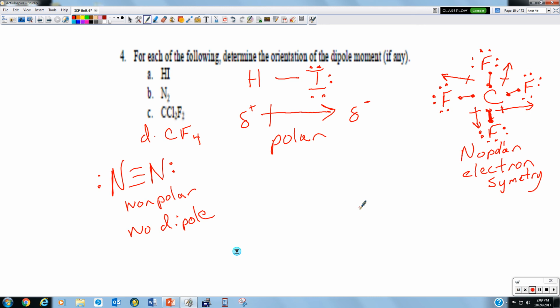Now looking at this last one, carbon dichloride, what I want you to recognize on this one is the chlorines are going to end up on one side of it, and the fluorines are going to end up on the other side of it. Now this one we do have to look at electronegativity.